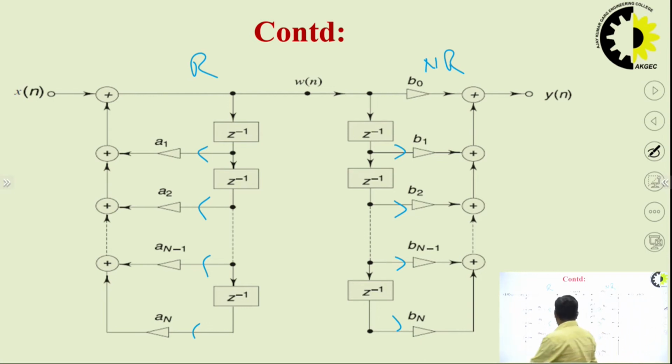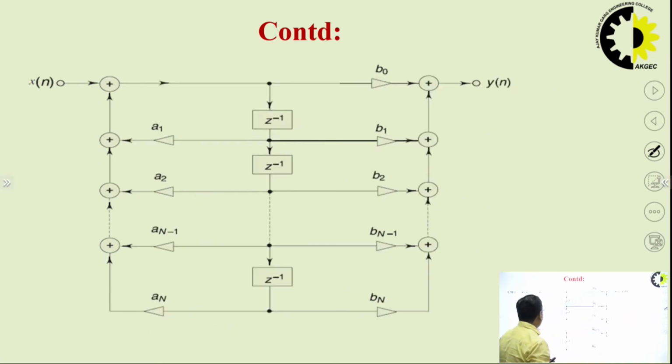In direct form 1, this section was here and this section was here. In direct form 2, firstly you have to realize your poles recursively. After that, you have to realize your zeros non-recursively. Then it becomes the simple direct form 2 structure.